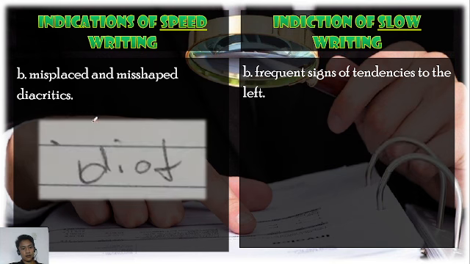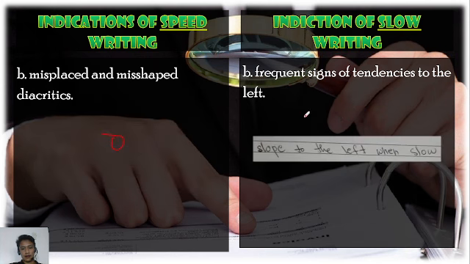Okay? Kapag slow handwriting yan, exact yung location, or at the center, accurate yung pagkakalagay. As to the slow handwriting, we have here frequent signs of tendencies to the left. Okay? Since slow handwriting, usually yung slant ng handwriting niya is pa left siya, pag ganun.